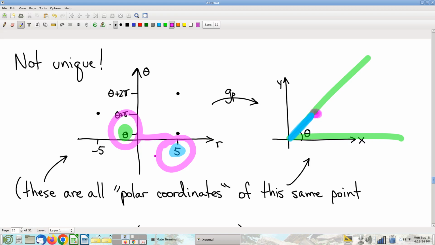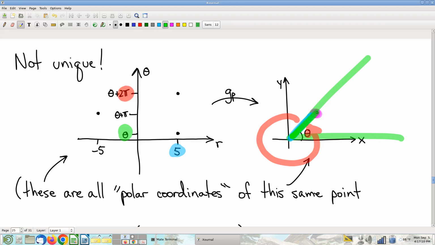But here's the thing. If I were to take that angle and go around another 2 pi, notice if you go around another 2 pi, then you are left still going exactly the same direction, and you could still talk about that being the angle. And we're still going to go a distance of 5 in that direction.